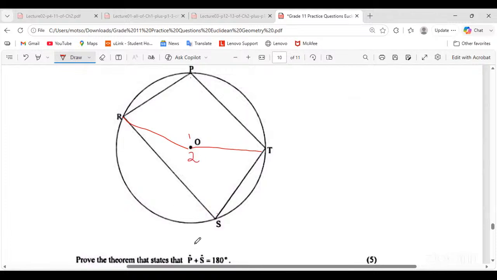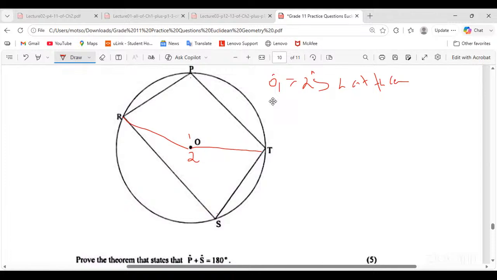Now, let us go. We want to show that angle P plus angle S is equal to 180 degrees, right? Now, angle O1 is equal to 2S. This angle at the center is 2 times the angle at the circumference. Angle at the center theorem.